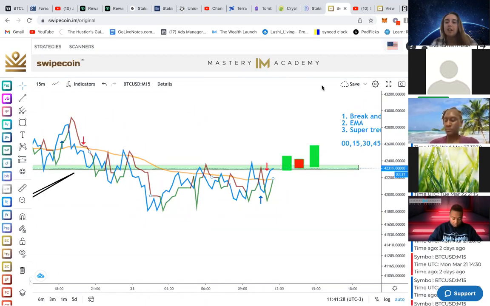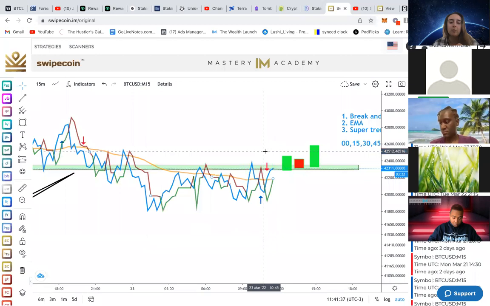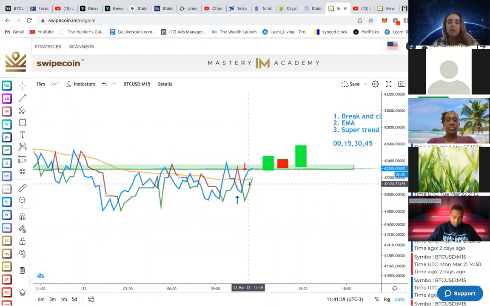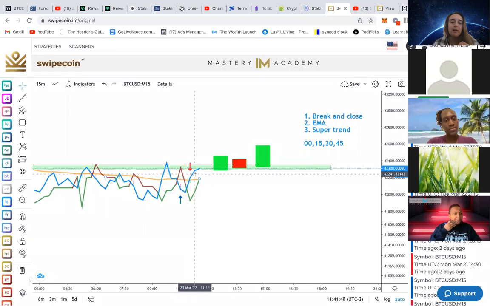Yes, Joyce. Supertrend is 1 and 1. Let me double click on it for you so you can see it. Confirmations are 1 and 1. Length and factor are 1 and 1. So to look for a buy, you see how the blue line crosses the green, right? That's looking for a buy.